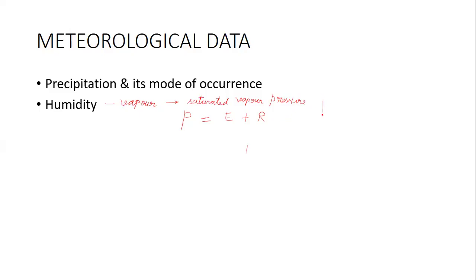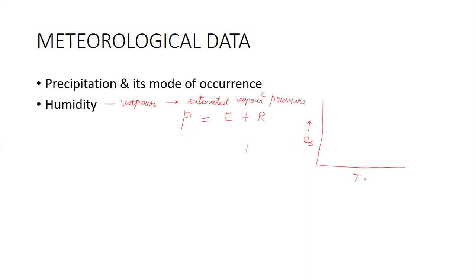Now, this saturation vapor pressure versus temperature graph looks somewhat like this. Generally, saturated vapor pressure is represented by small e subscript s, where e always stands for vapor pressure and small s stands for saturation.